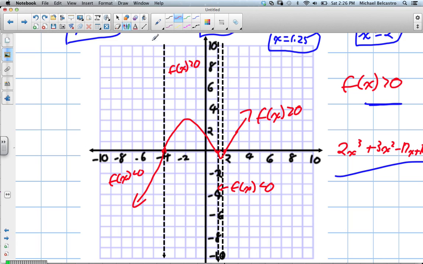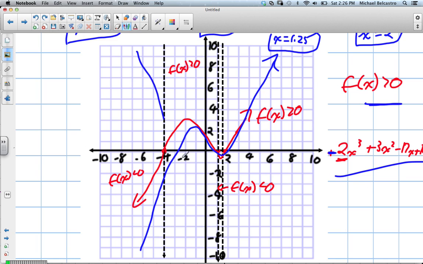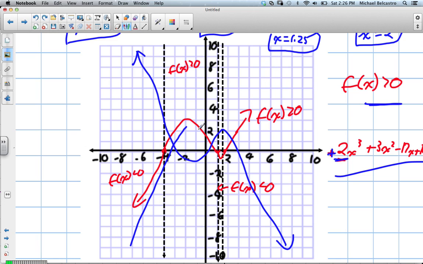Again, this does represent a cubic function, and the leading coefficient was positive. Positive cubic functions start down here, come up, and end in a positive infinity direction. If this had been negative, it would do the opposite. So what we found is true to this function. It is going down, coming up, going down, and then going up forever. It's a proper cubic function.